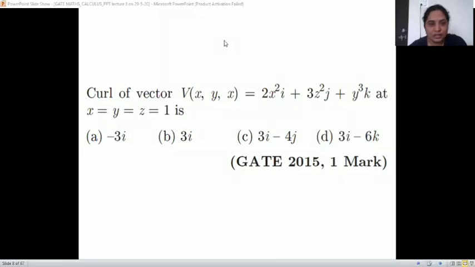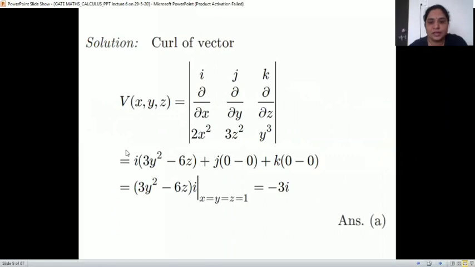A. A is the correct one, minus 3i. Okay, let us check. See the answer. Yes, it is correct. A is the correct one. The curl is defined as, I told you already, i, j, k, dou by dou x, dou terms, and then components. And then find out the determinant. i into cross multiply this.